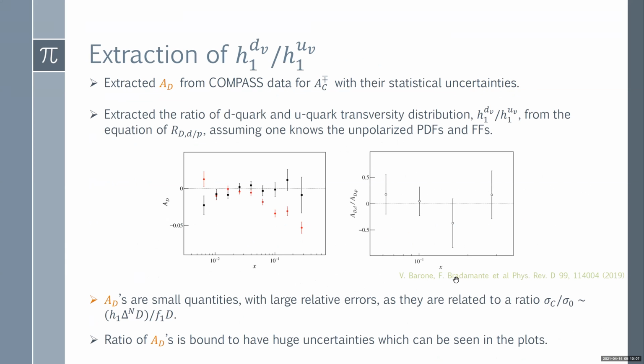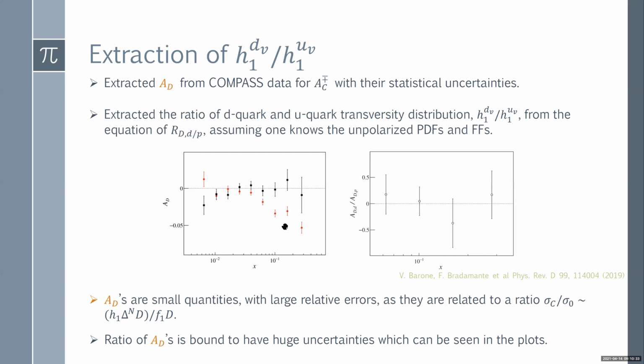Now, in this reference, they extracted this difference asymmetry from the COMPASS data on the Collins asymmetry with the statistical uncertainty, and they show the difference asymmetry in this plot, where the red defines the proton target, and the black defines the neutron target over here.